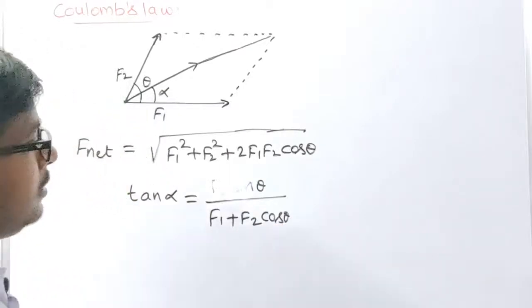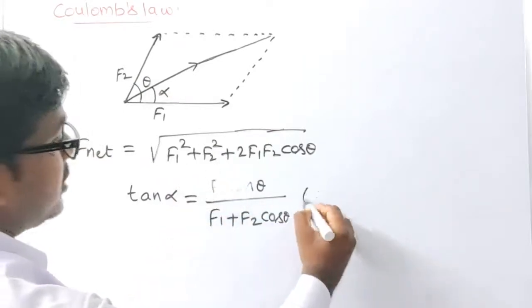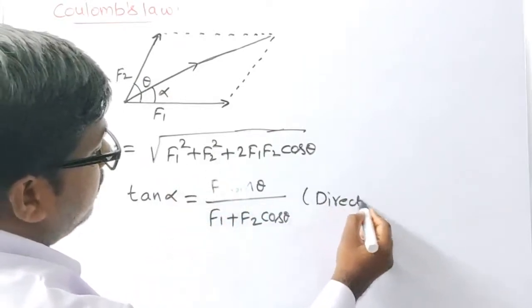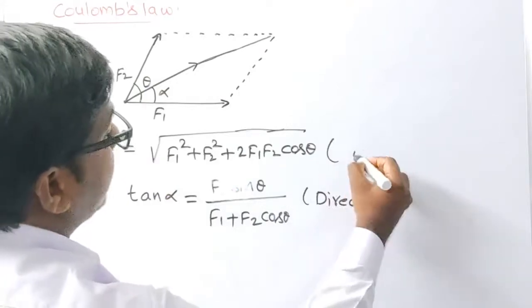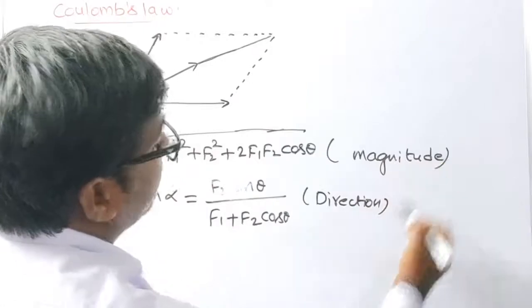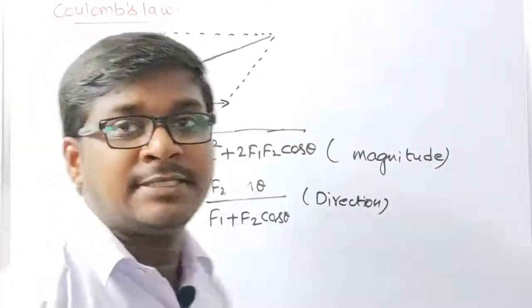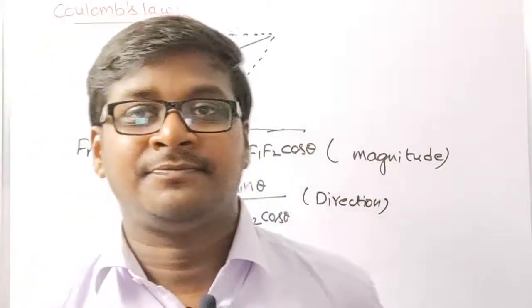This is the direction formula. The above formula gives the magnitude of the resultant of two electric forces. This is simply Coulomb's law.